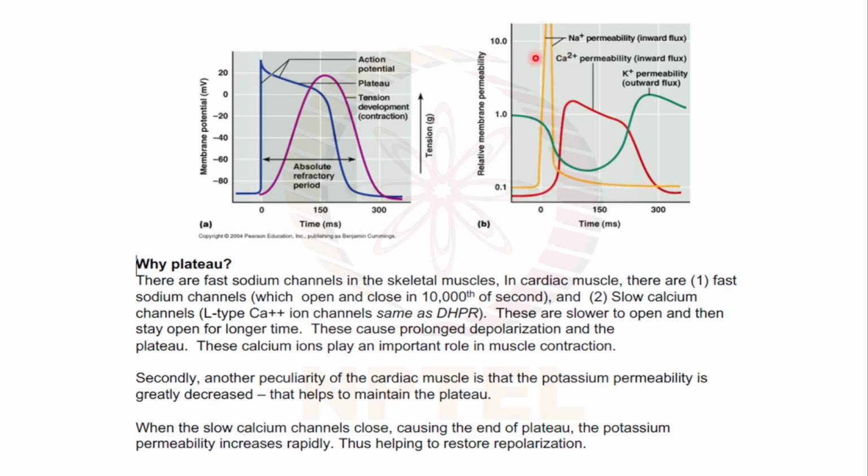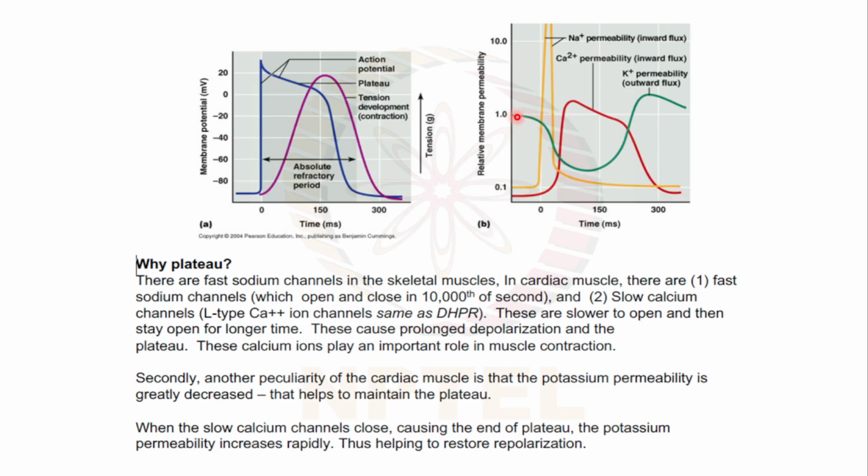But due to this change in action potential, the entrance of calcium ion inside the cell is increasing, causing this plateau-like condition. And the calcium ion concentration, after reaching a certain level, will also start decreasing because of the pumps present inside the cell, causing a contraction inside the cell.